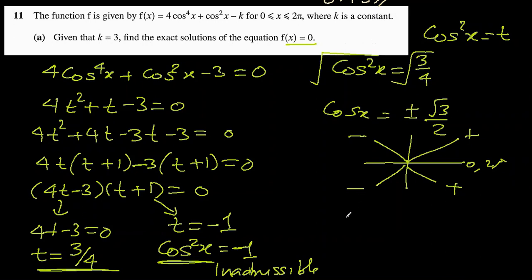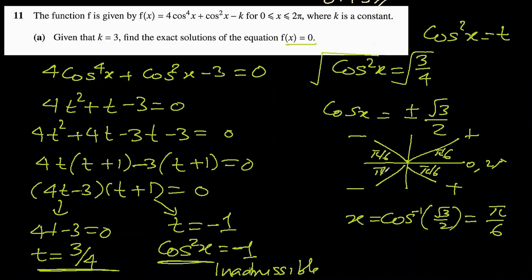For that, we need to find first what is x equal to cos inverse square root 3 over 2. Let's find it, and I already know this. This is pi over 6, 30 degrees, and that means we will write pi over 6 in all four quadrants, the acute angle with horizontal line, and this will give us our answers.